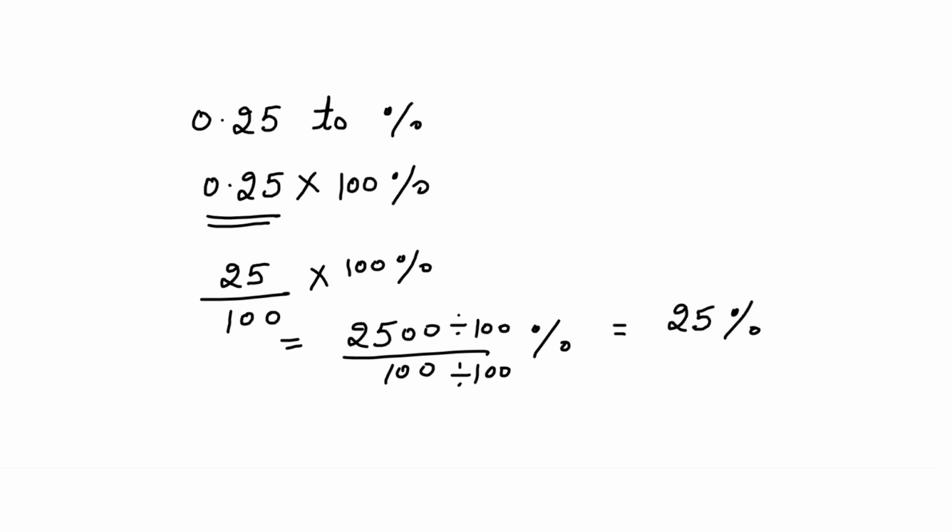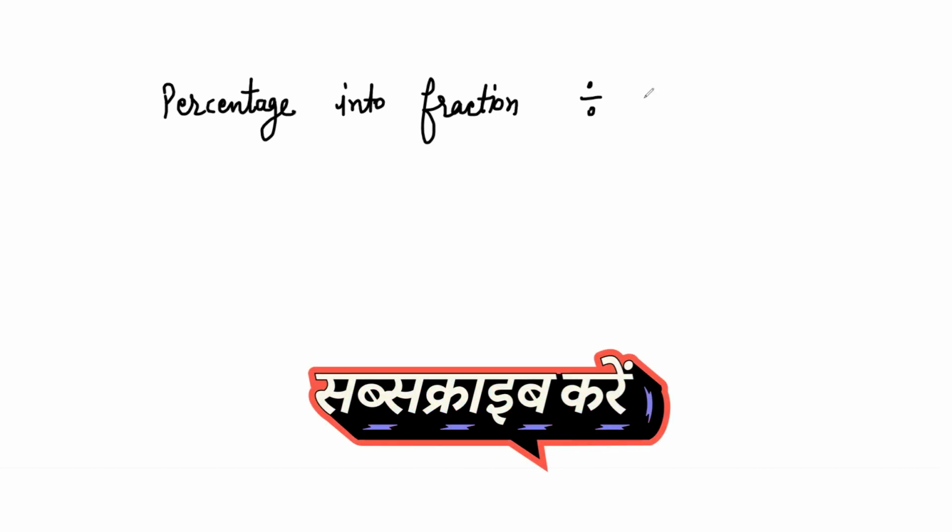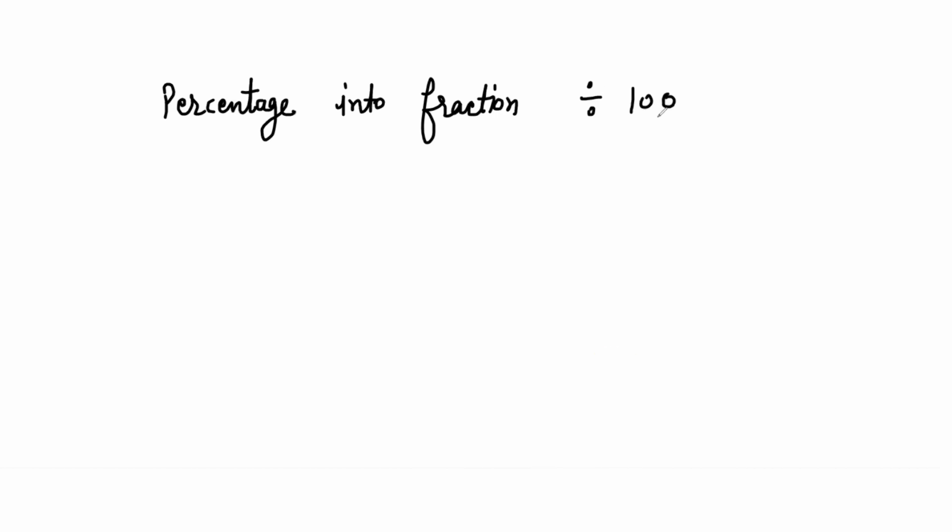Now let's learn about how to write a percentage into fraction. I said when we convert a fraction into percentage, then we always multiply with 100%. Now it's opposite. So we will divide it with 100 if we want to remove the percentage sign.